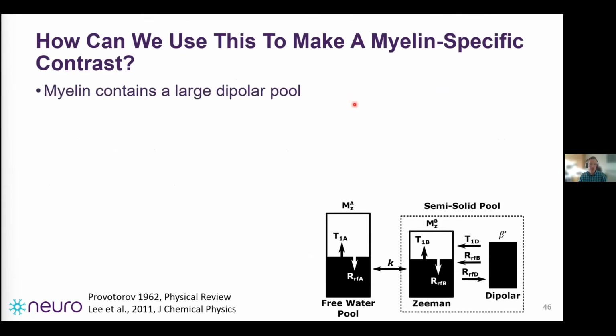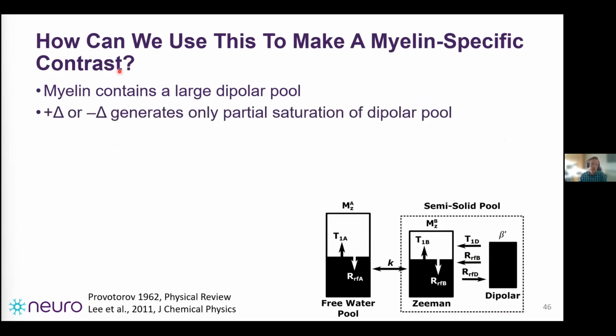So how is this used to make a more specific myelin contrast? We take advantage of this dipolar pool, and myelin contains a large dipolar pool, which essentially is long carbon hydrogen chains. We know from Provotorov theory and from Lee et al. that you can use either a single positive or negative off resonance pulse to partially saturate this dipolar pool.